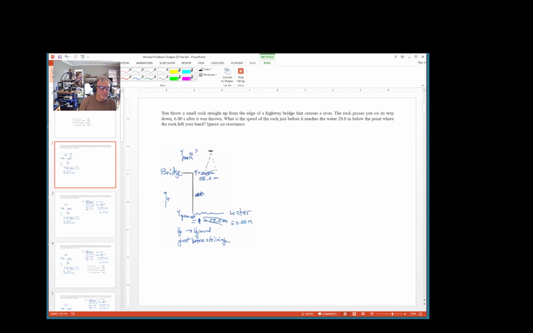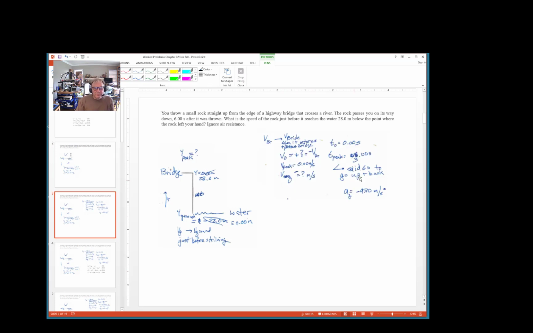I'm going to call anything that has something to do with the bridge, I'm going to subscript with B or BR, and then it's going to come back down past the bridge and then continue on.